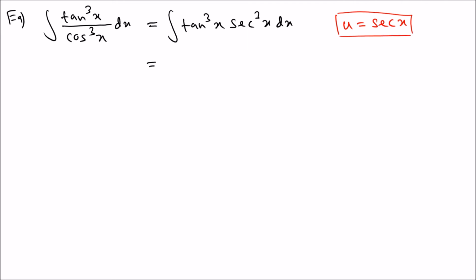When you see a problem like that, what you can do is write tan using sine and cosine. If you do that, you can write this one as sine x over cosine x to the cube, and then 1 over cosine cube x dx. Now you can write this one using only sine and cosine.